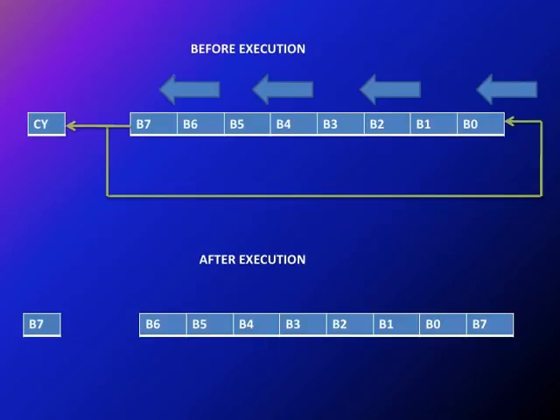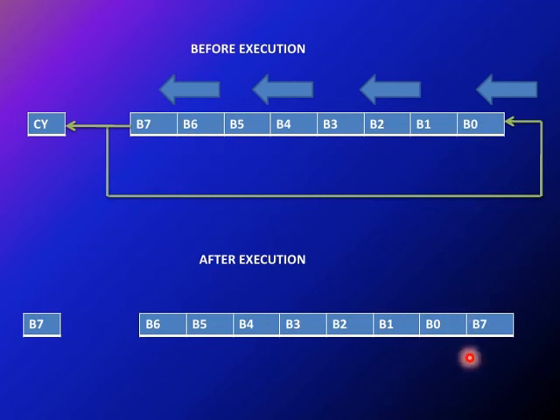Now let us see an example for this RLC instruction. It is going to rotate the accumulator content in the left direction, right? So after execution of this instruction, each and every bit is shifted one position left, right?